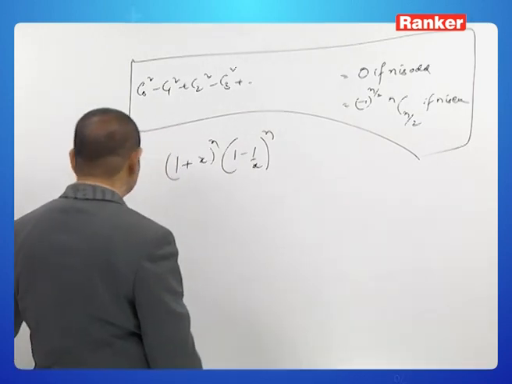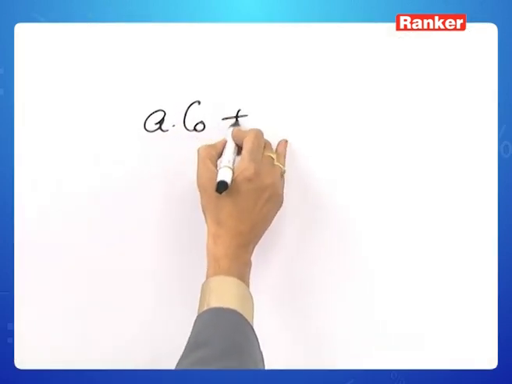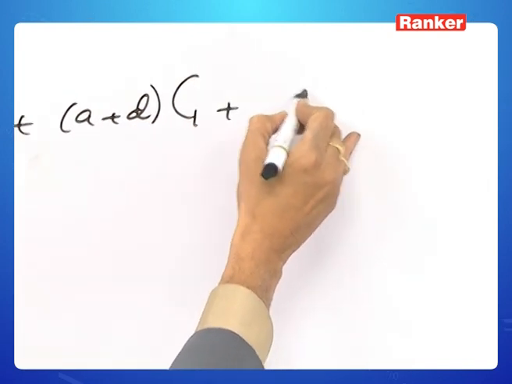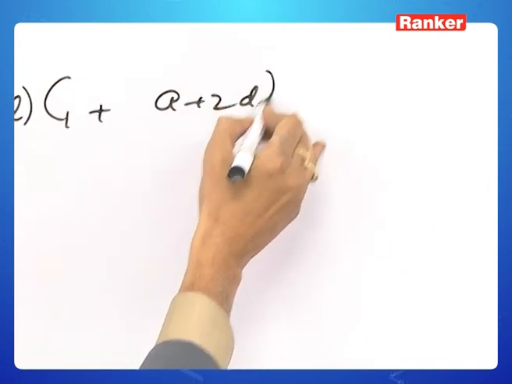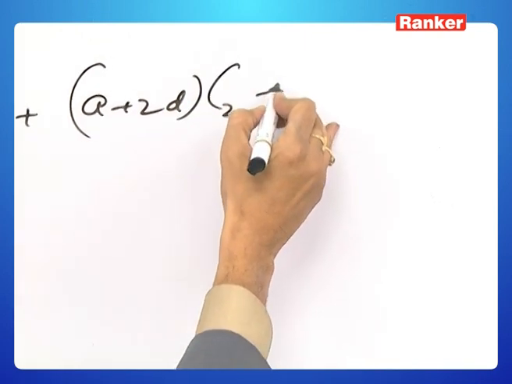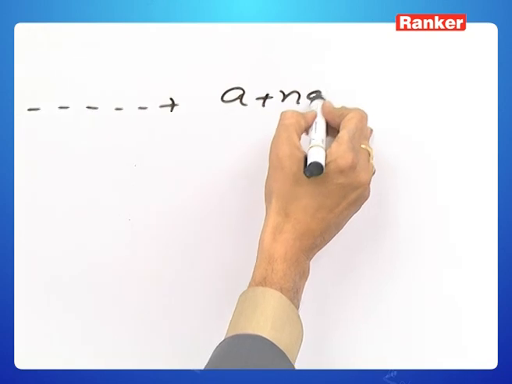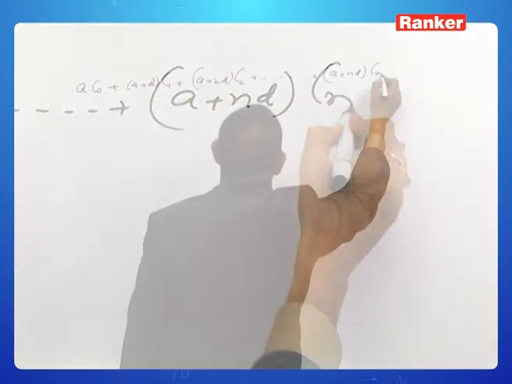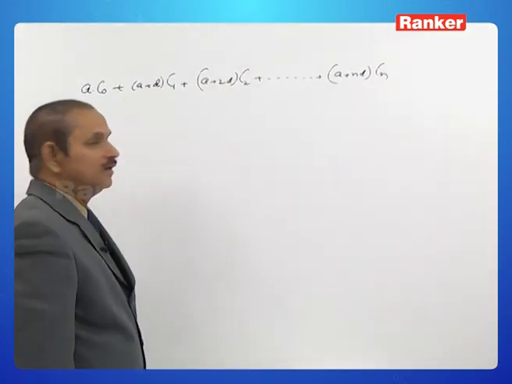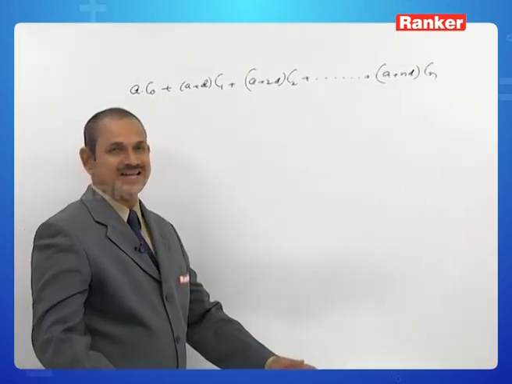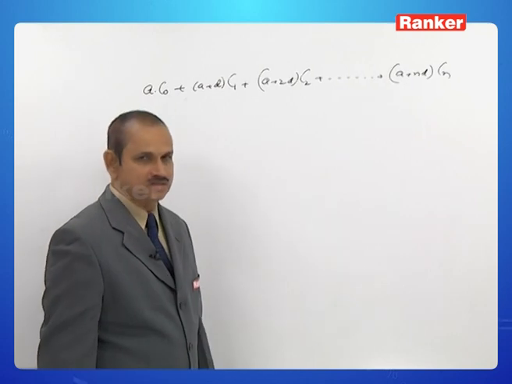Yes. Next one: a into C0 plus (a plus d) into C1 plus (a plus 2d) into C2, etc., a plus nd into Cn. That is a new sum, rather an expression, connecting the binomial coefficients.